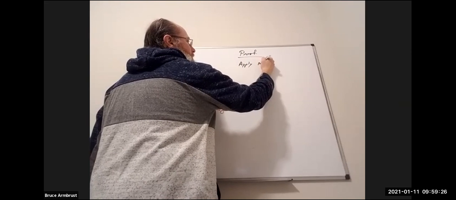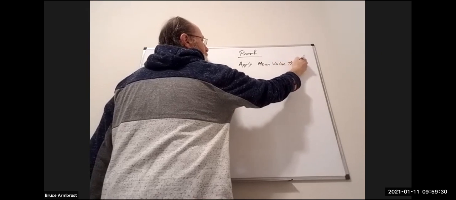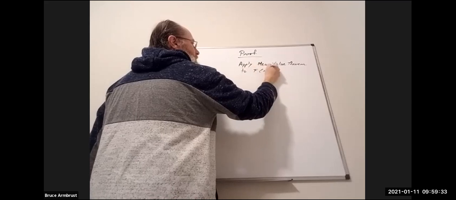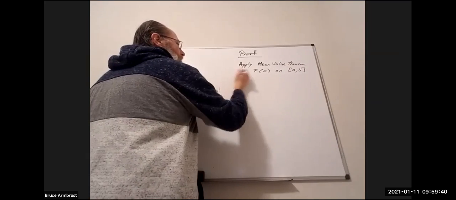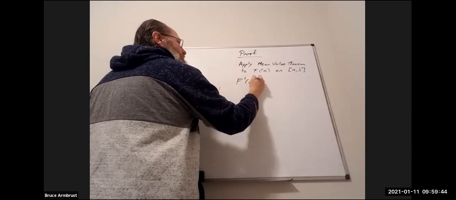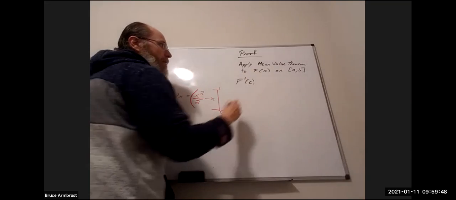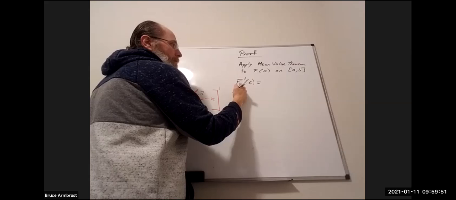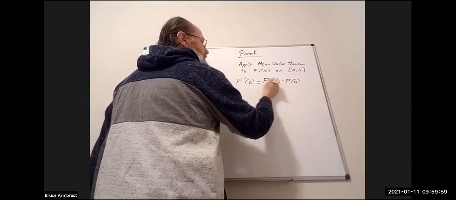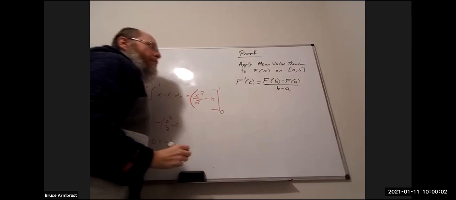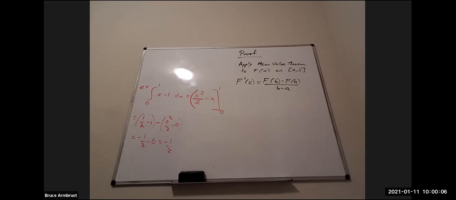So let's apply the mean value theorem to big F of x on the interval AB. So that tells me that there is some place C in AB where the derivative of big F is equal to big F of B minus big F of A divided by B minus A. So that right-hand side, that's just the slope of the secant line.